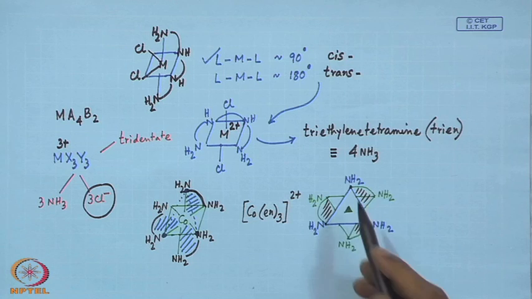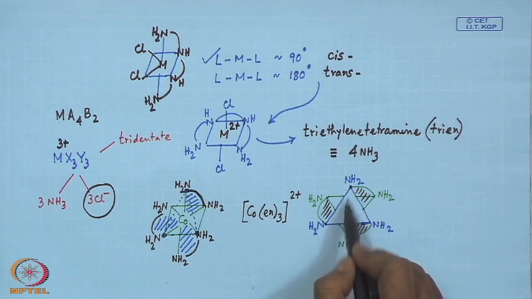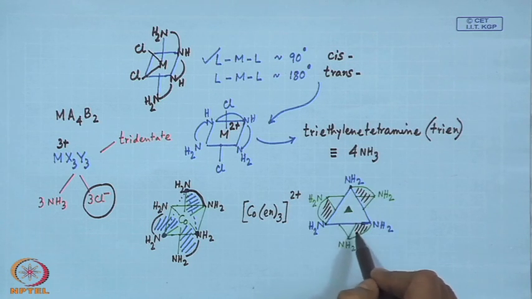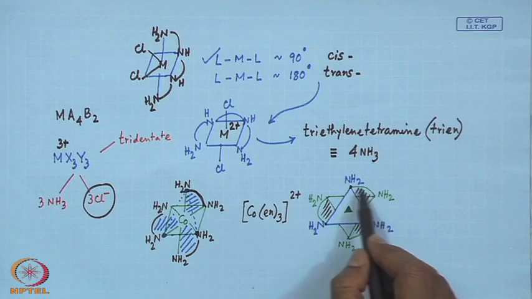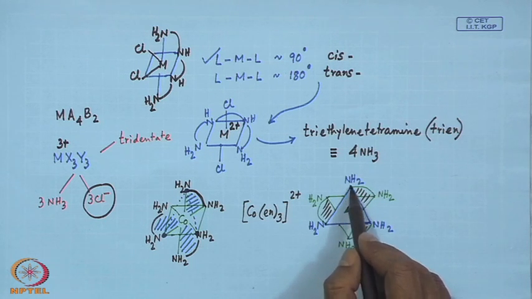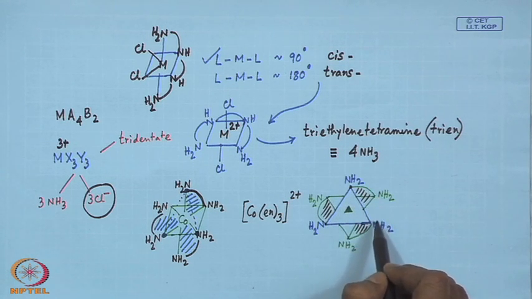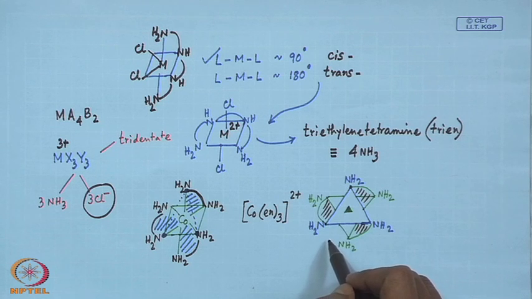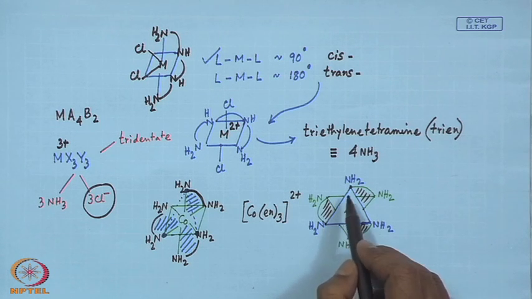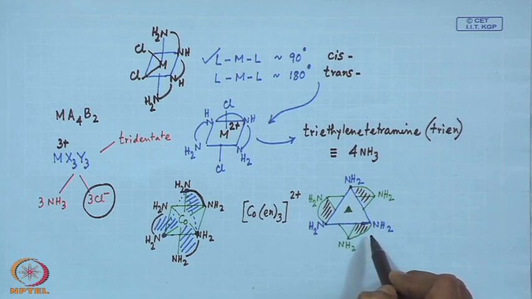So, we can consider this as a propeller blade type of arrangement. When the 3 bidentate chelate rings are bound to the metal center, we get 3 propeller blades, and the orientation of these propeller blades can either be clockwise or anti-clockwise.